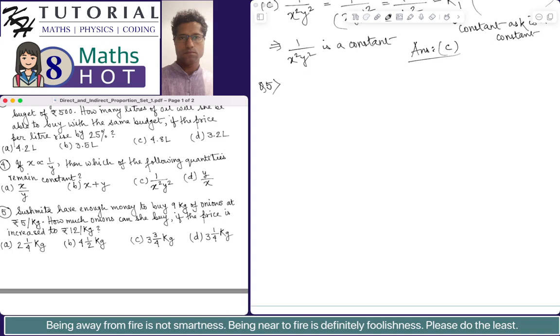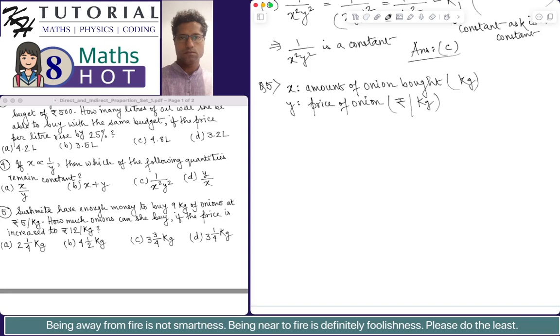Okay, so if we consider the quantity x as the amount of onion bought, that is in kg, and y to be the price of onion, that is rupees per kg.